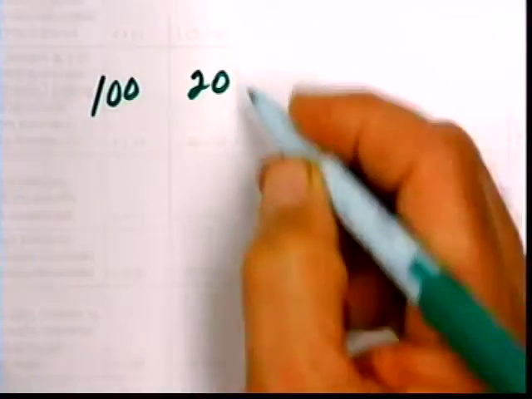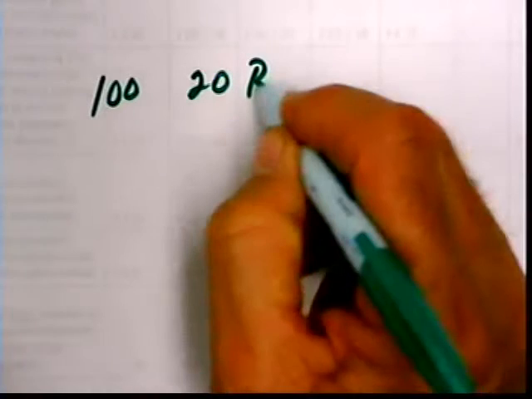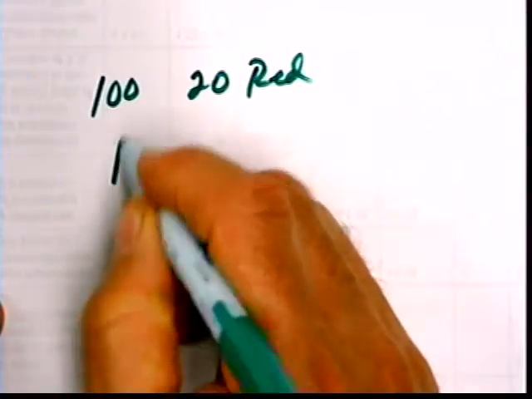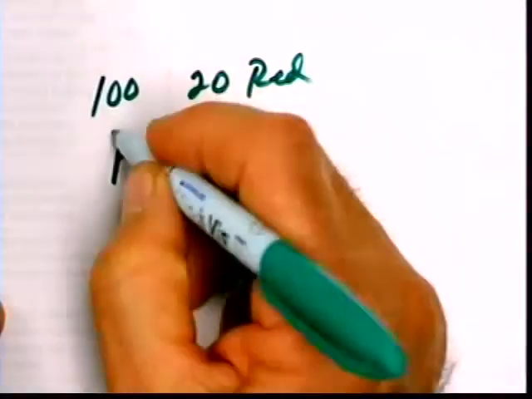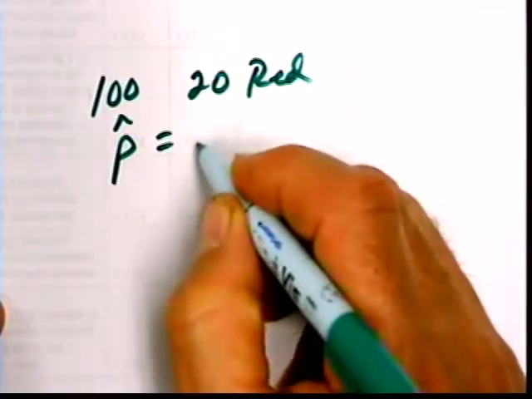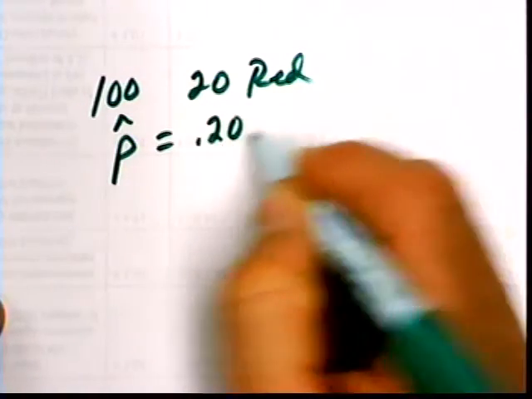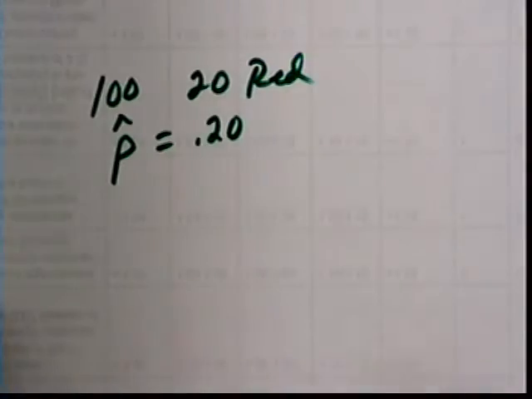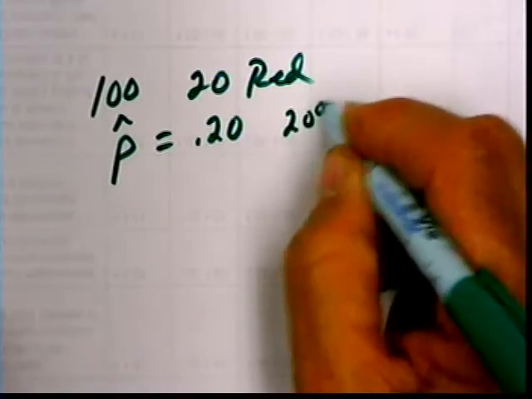And you count out that there's 20 of those that are red. Okay, and you're partial to red, and so the estimate of P for that is going to be 0.20, or 20%.